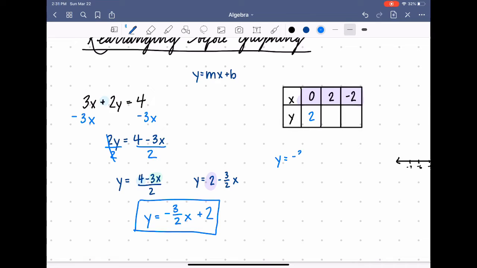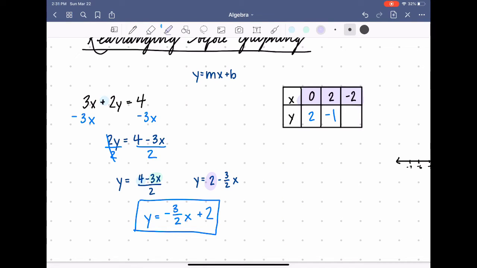Y equals negative 3 over 2 times 2 plus 2. Okay, so y equals negative 6 over 2 plus 2. Negative 6 over 2 is the same as negative 3. So now negative 3 plus 2 is just negative 1. So that is my answer when x is 2.